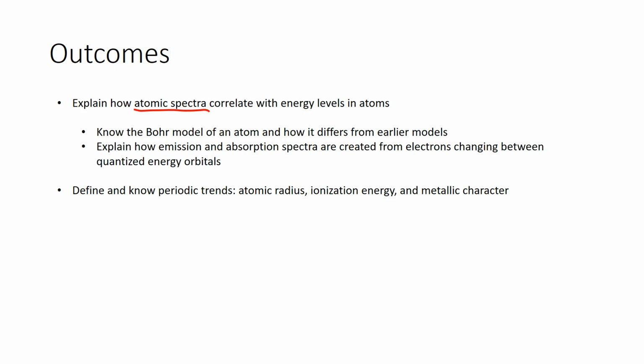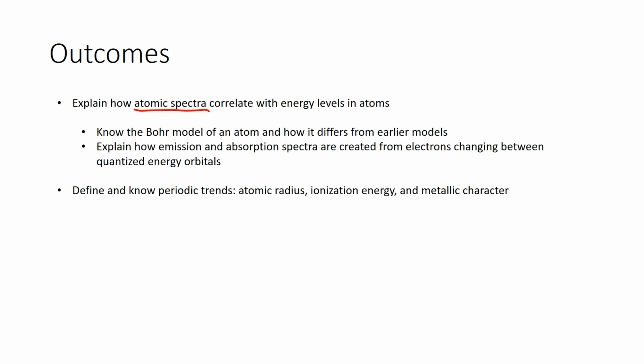The way that they know what elements are in a star is by looking at that star through a filter, and it produces certain quantum spectra that they can tell it has hydrogen, it has helium, it has some heavy metal in it. Same thing with certain planets. They can look at the light that's reflected off of it and tell what's there. So this is how we use light and reflection to determine what elements are in a substance.